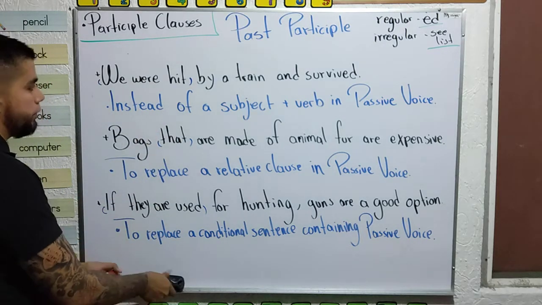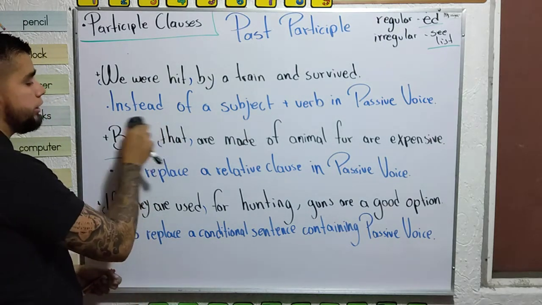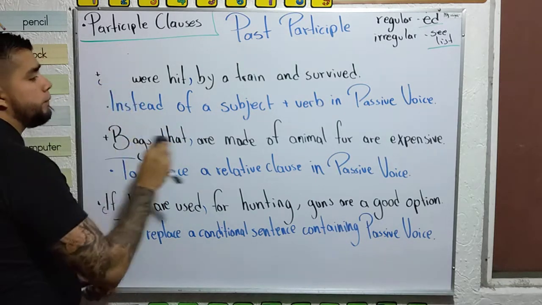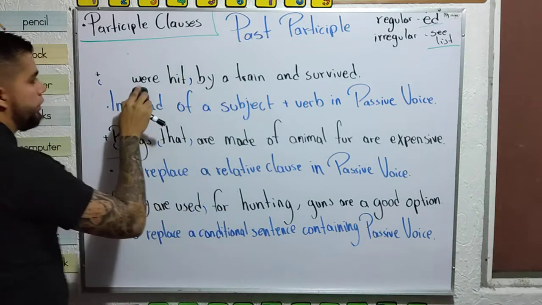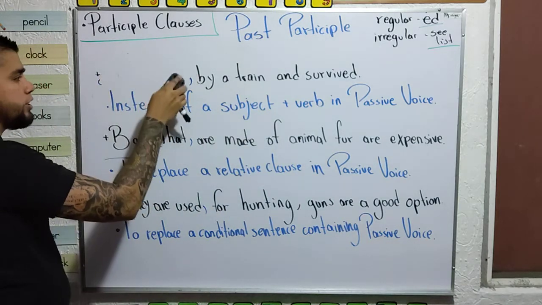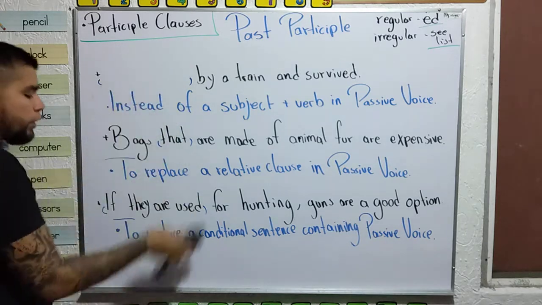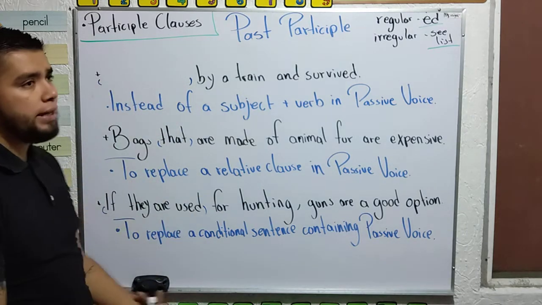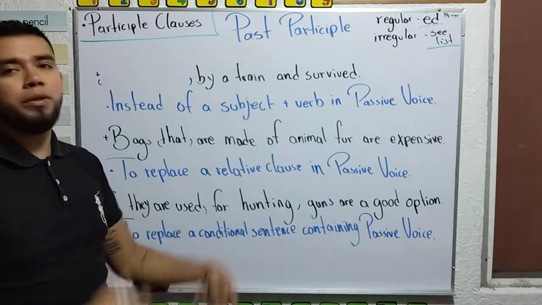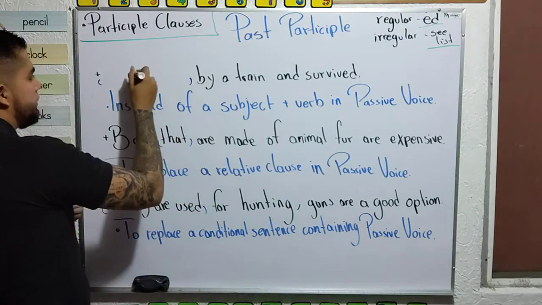Now, we're going to use it instead of the subject. We, verb, remember, were hit is the complete verb because it was a conjugation. Now, what was the action? Hit. Hit in past participle, hit.